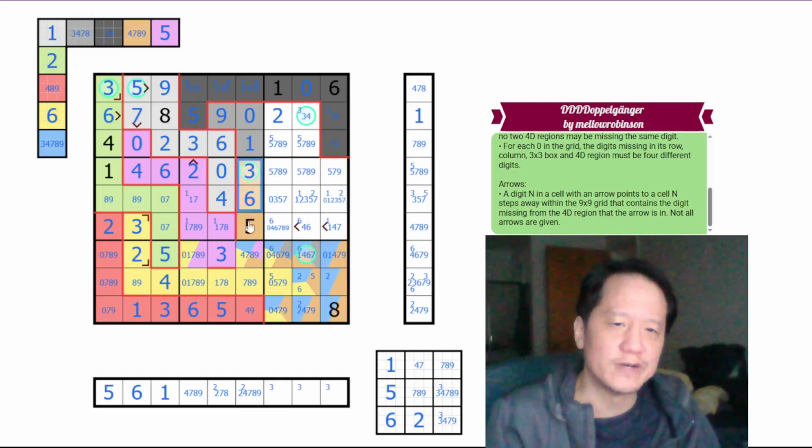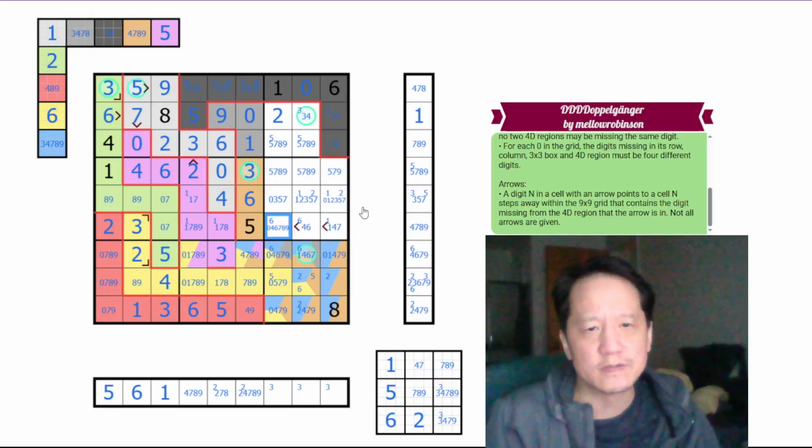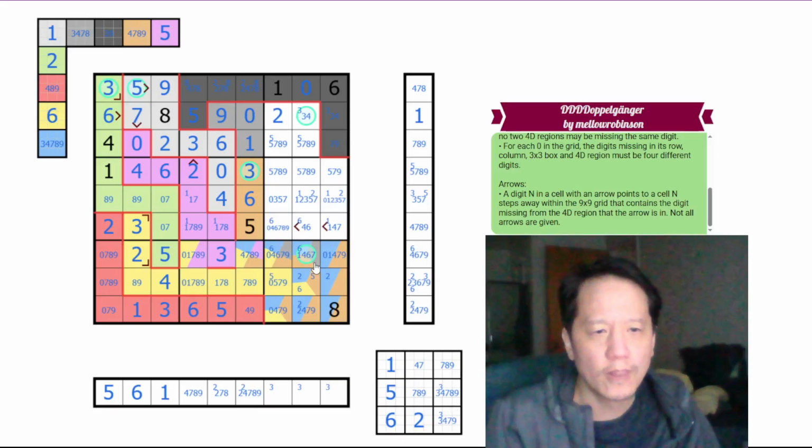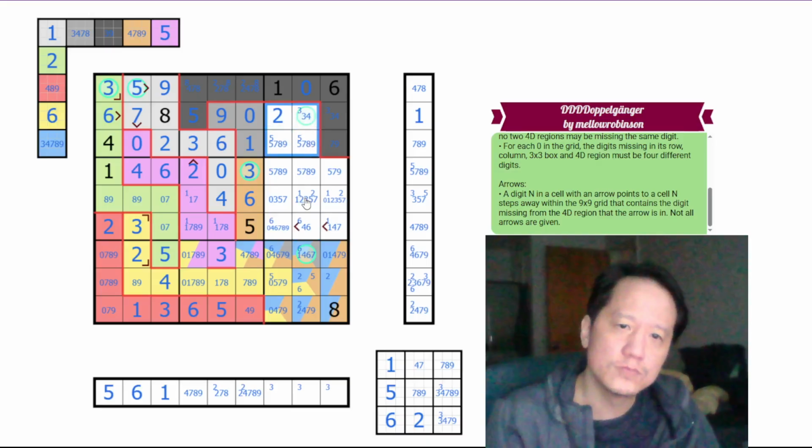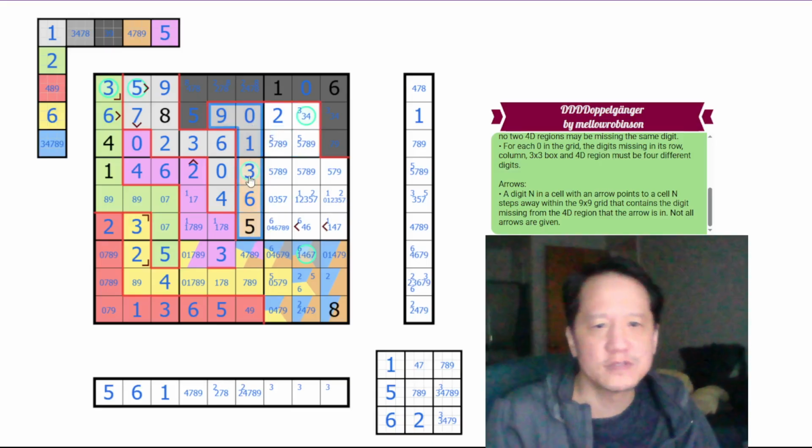Orange, well, this orange, I don't even know what this, yeah. If this is 4, this has to be part of this region here.